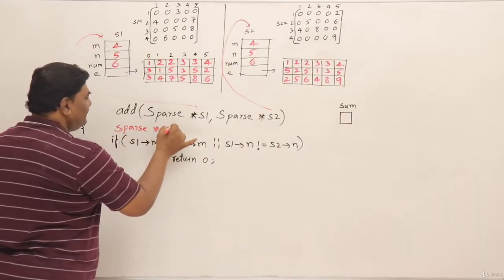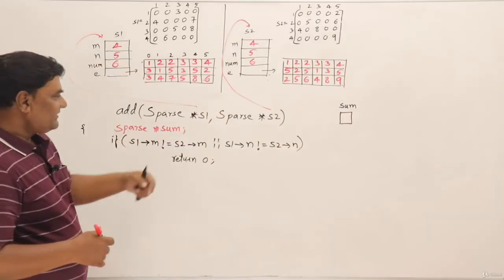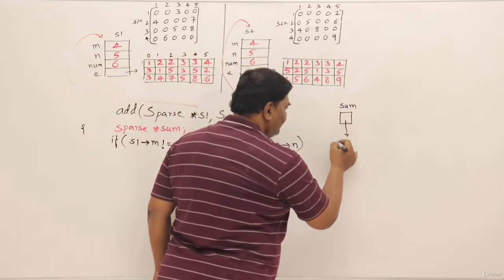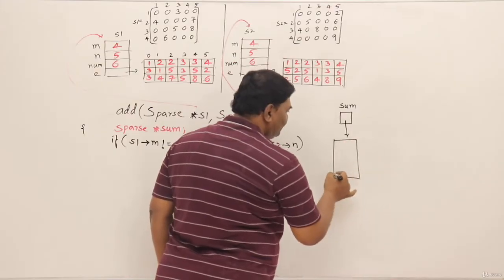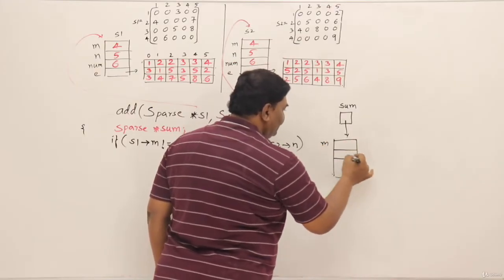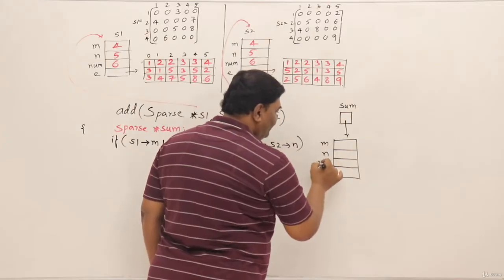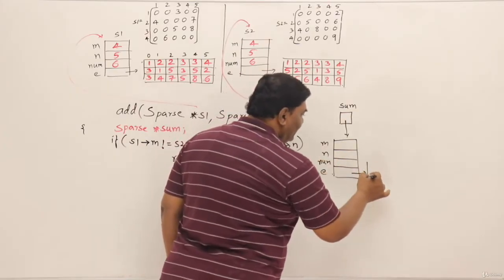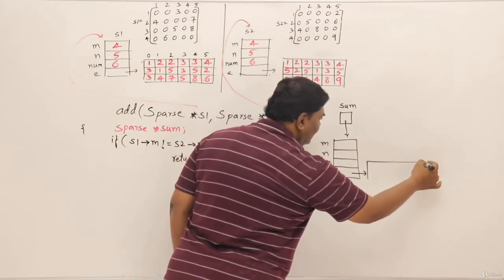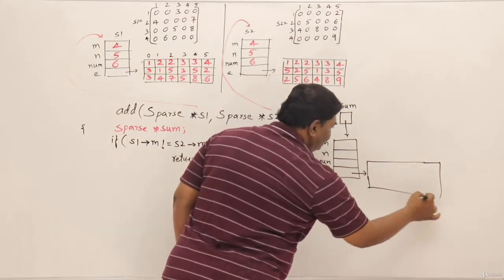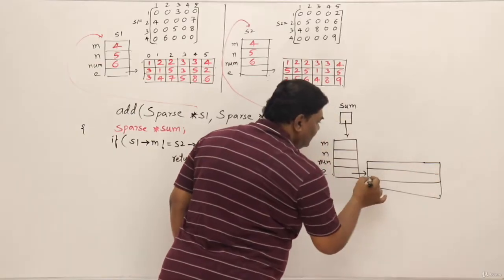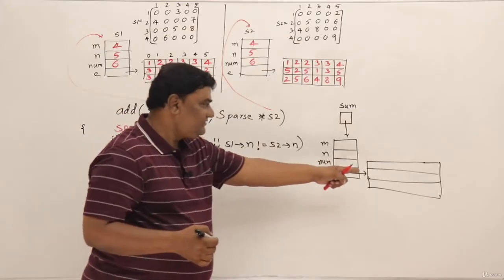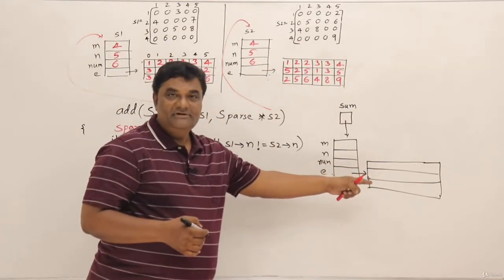To that pointer I should create an object of sparse matrix having m, n, number of elements, and also a pointer e, an array of some size. So what should be the size of this array? I should create the object and also an array of elements of some size.